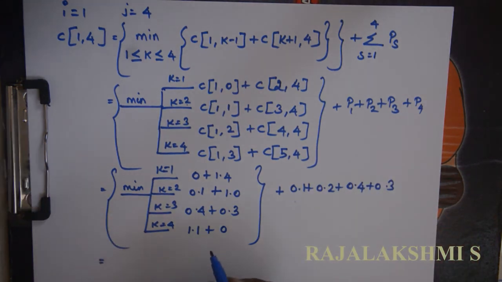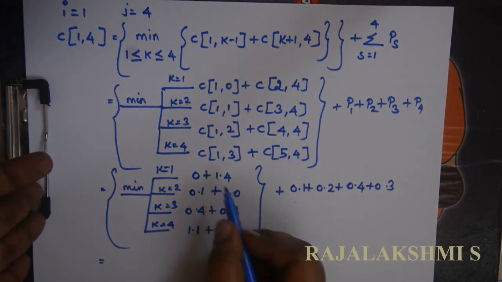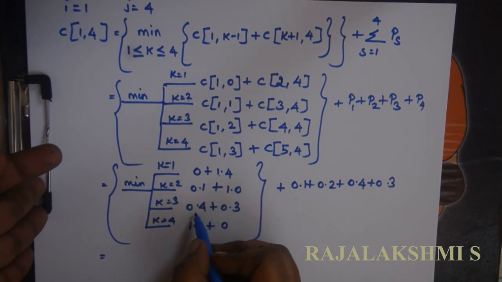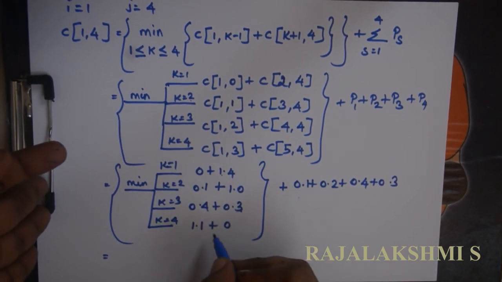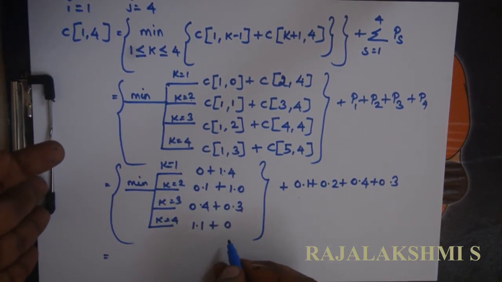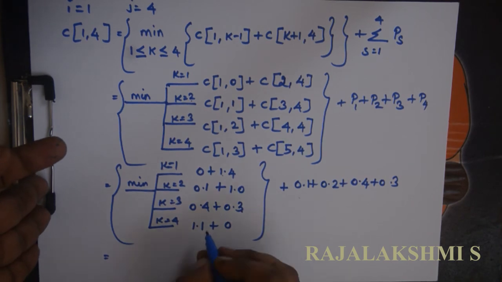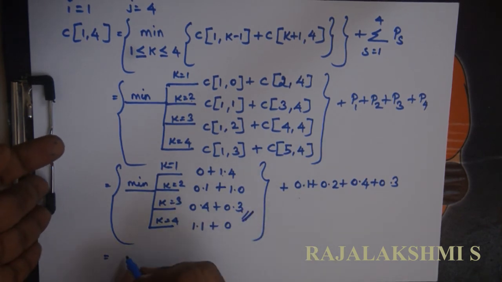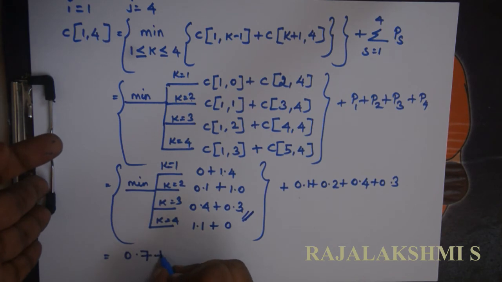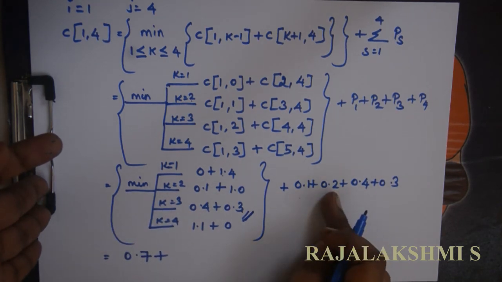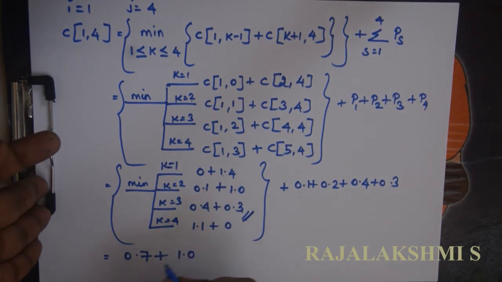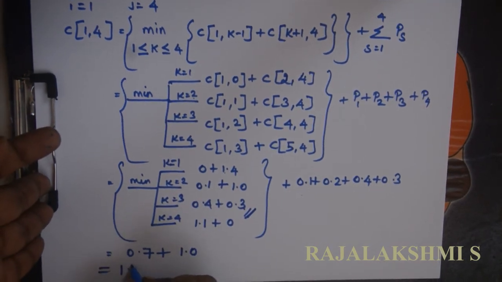So the minimum value here: this is 1.4, this is 1.1, here it is 0.7 and this is 1.1. So the minimum value is 0.7, right? So it is 0.7 plus 1.0, so here we will have 1.7.